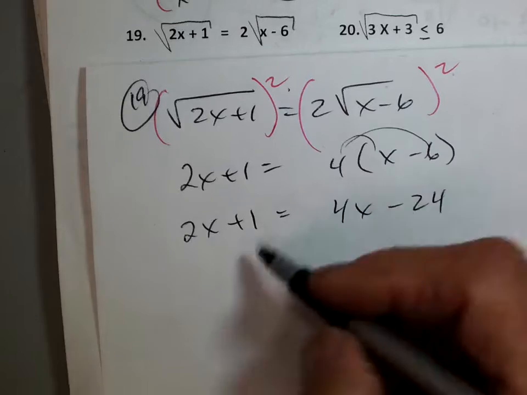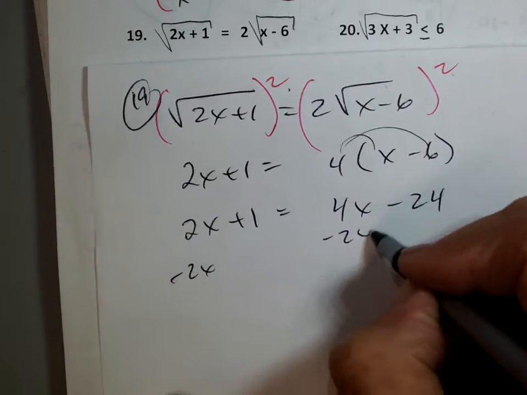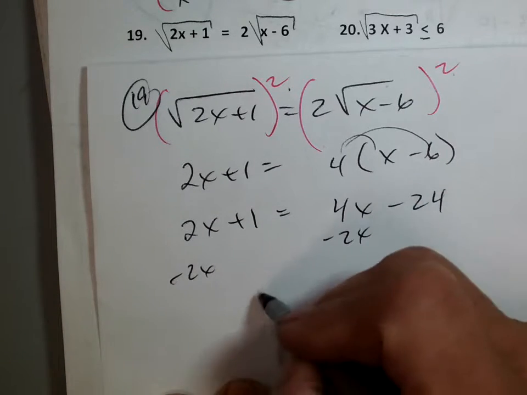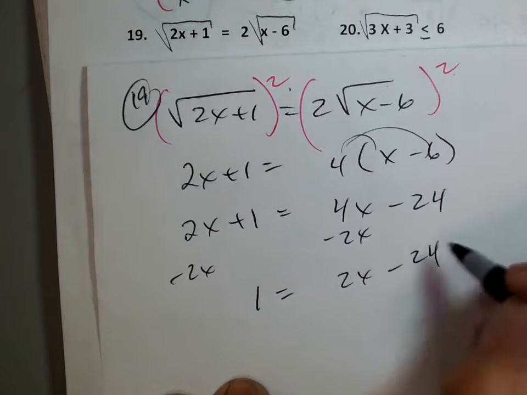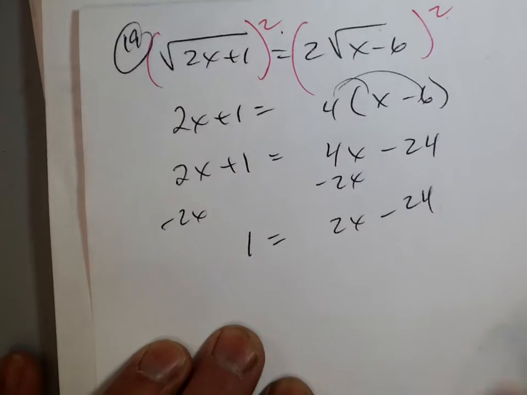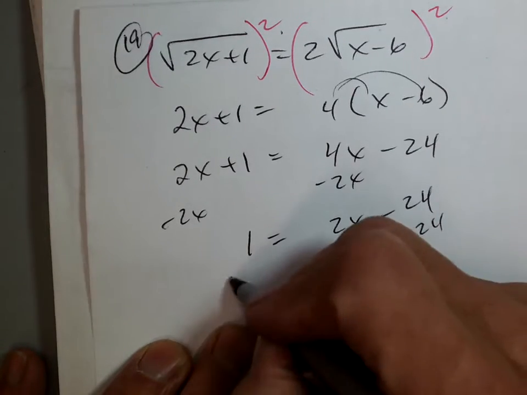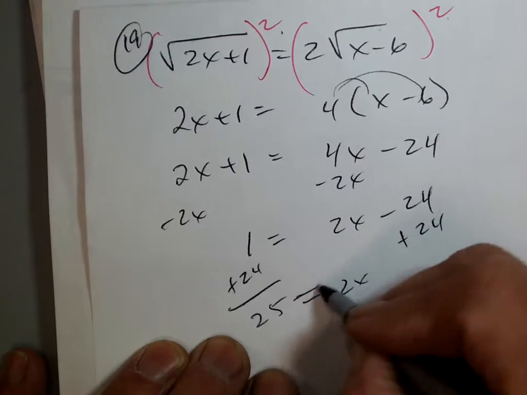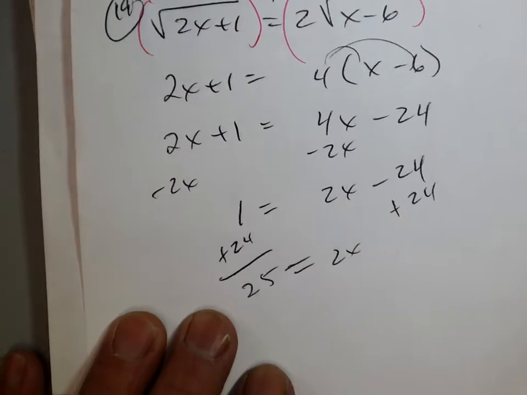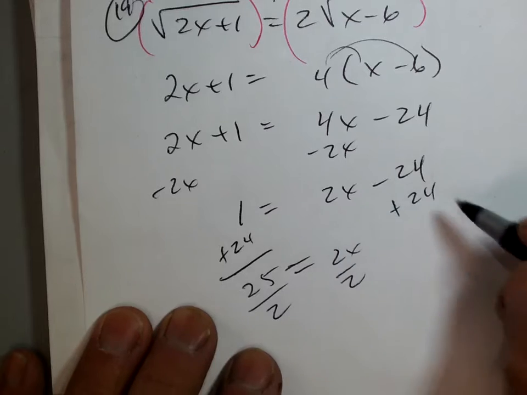We get a minus 2x, minus 2x. So I've got 1 equals 2x minus 24, plus 24, plus 24. I get 25 equals 2x. Divide by 2, what is that, 12 and a half?